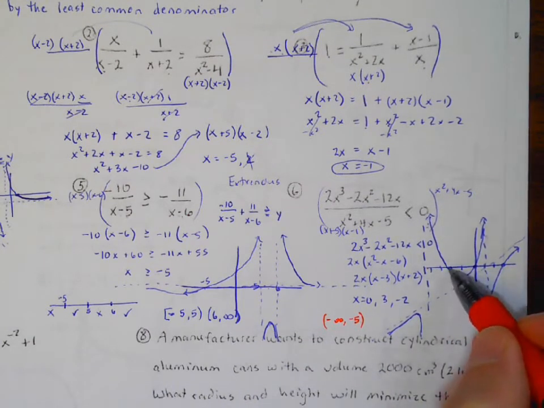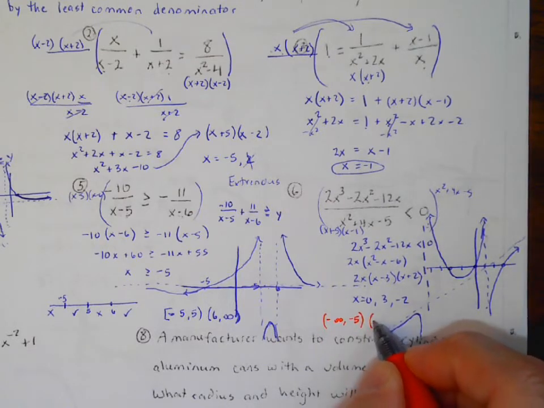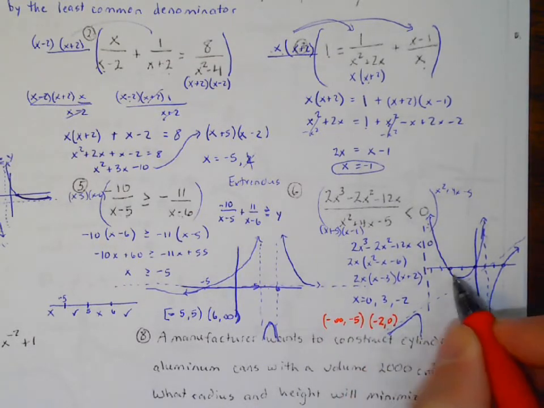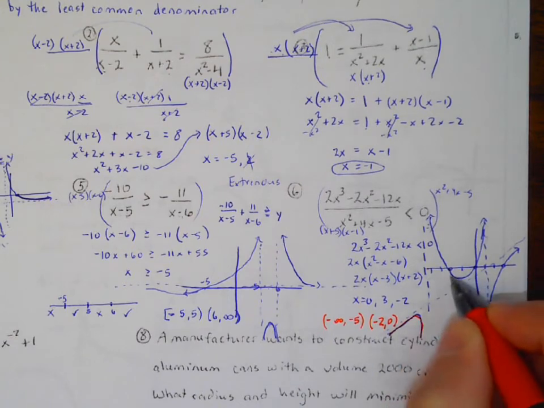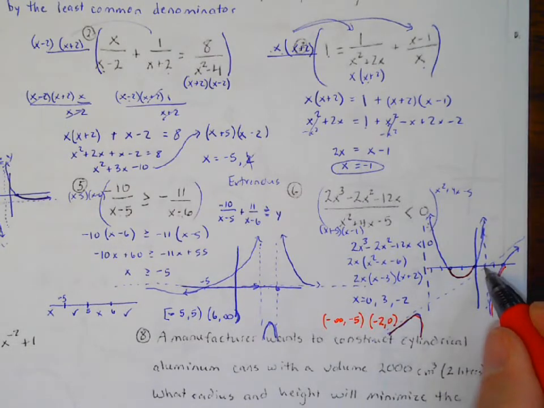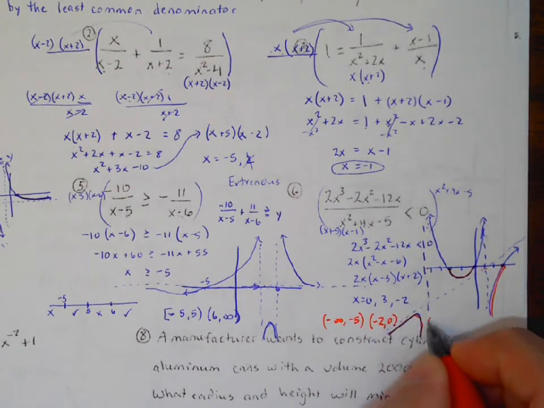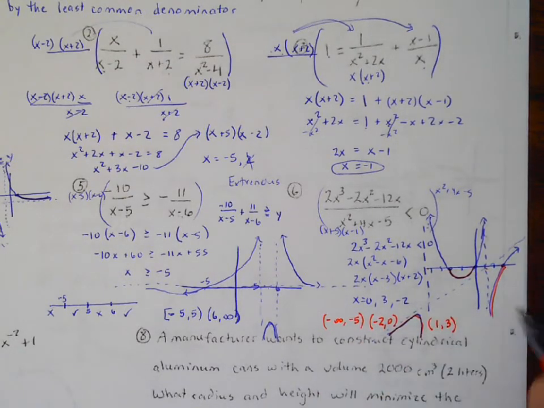So from -2 to 0, it's also less. So this part's less, this part's less, also this part is less. Okay, so from 1 to 3, that would also be where it's less than 0.